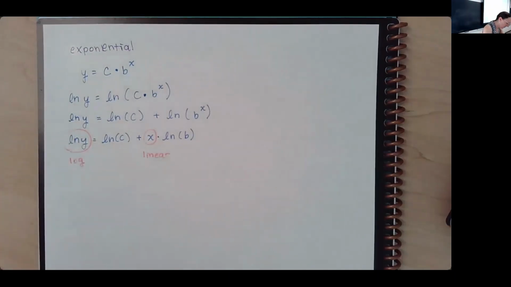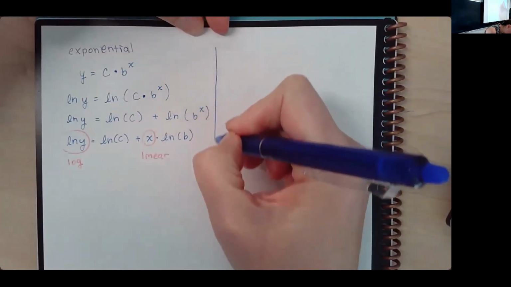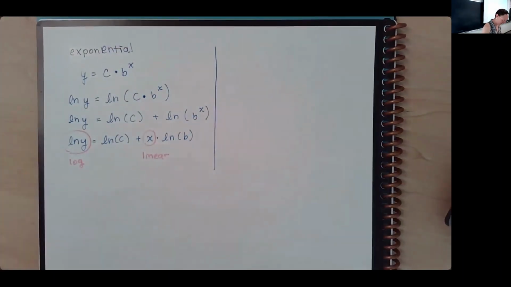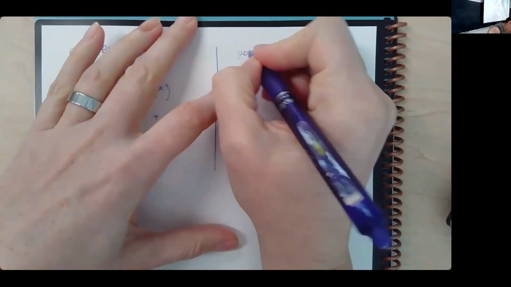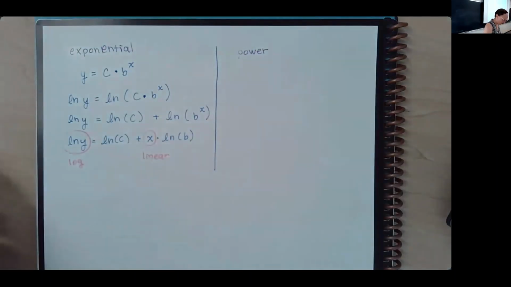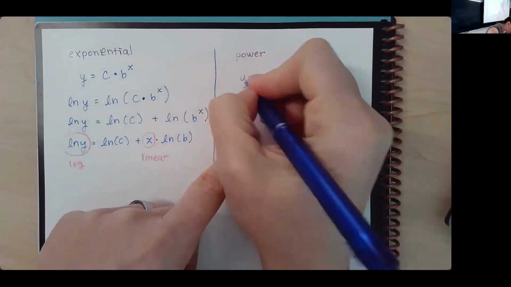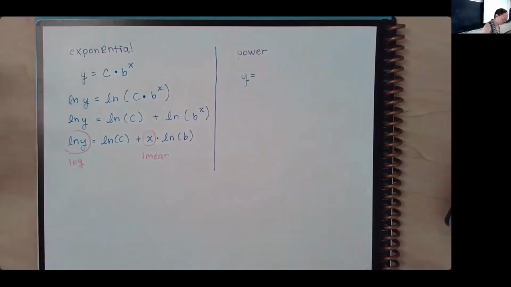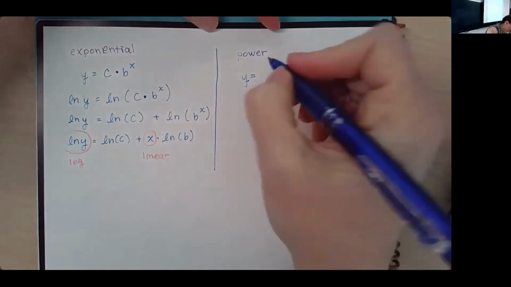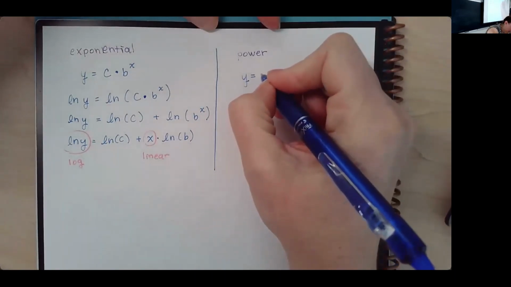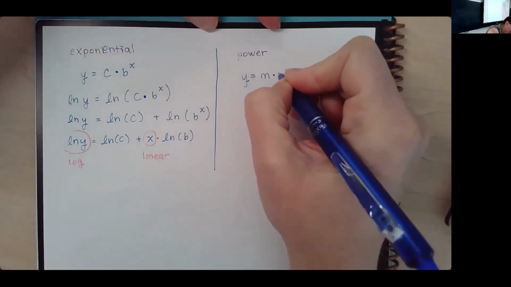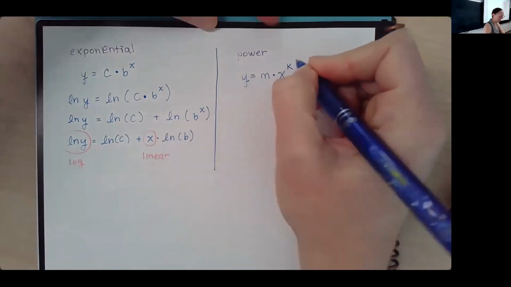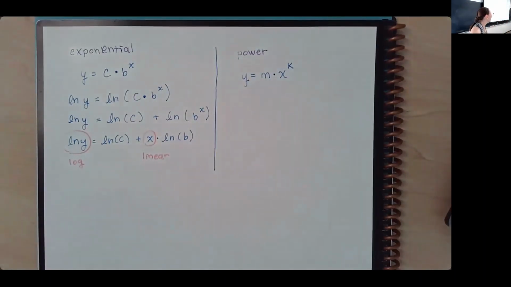If instead I start with a power function, and I called this y equals, I want to use totally different letters, M times x raised to the k. And I take the natural log of both sides.